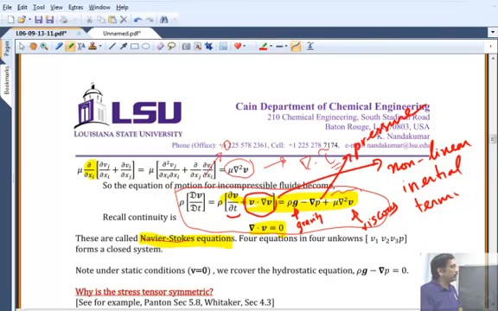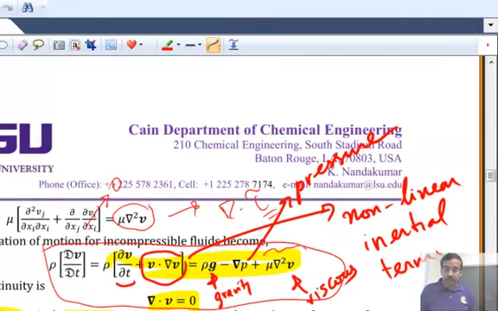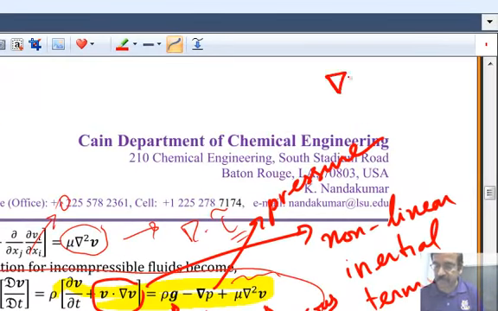Okay. Now, under static condition, we started off with this course with this equation. We developed this equation, del P equals minus rho G. Okay. Do we get that limit?